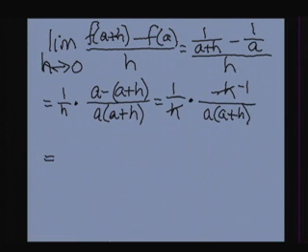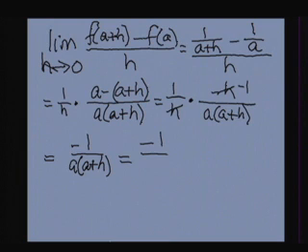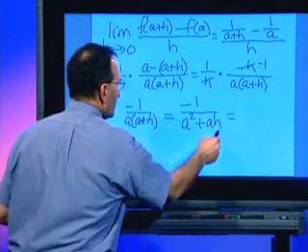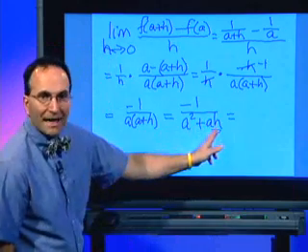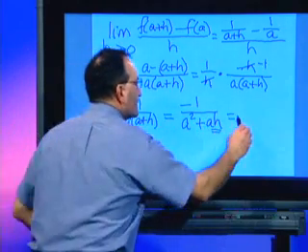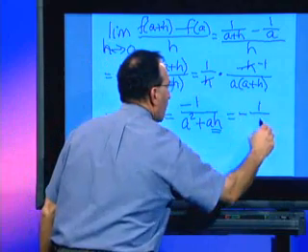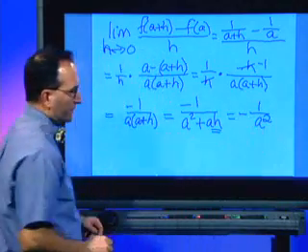And we get negative 1 over a times a plus h equals, and, well, we can multiply this out on the denominator, a squared plus ah, and see now that the limit as h goes to 0, right here, of course, as h goes to 0, a times h will go to 0, and that means this limit is negative 1 over a squared.